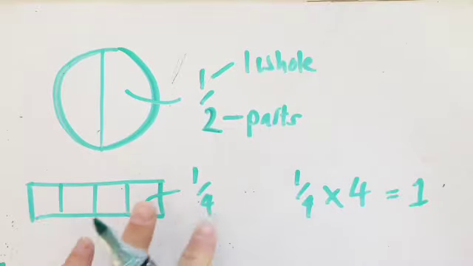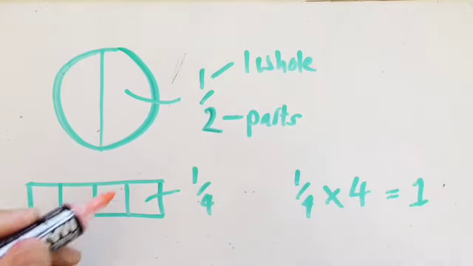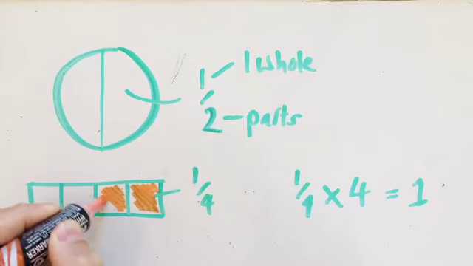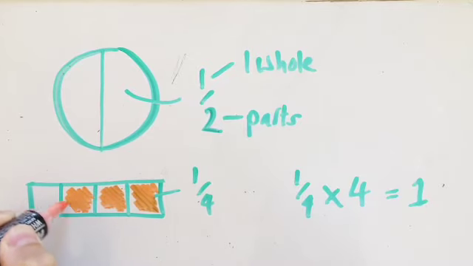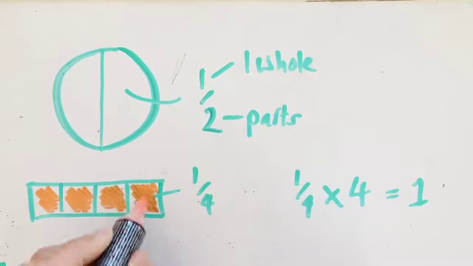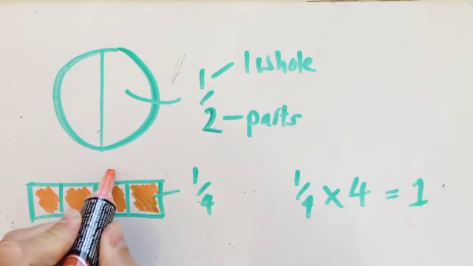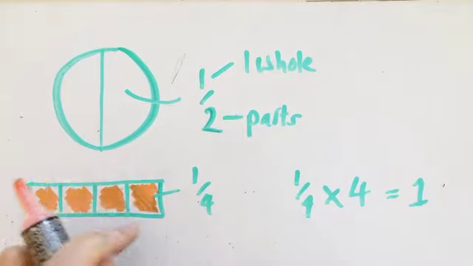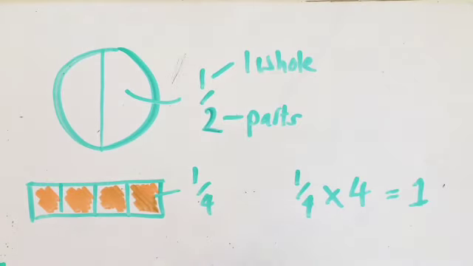So I can see here I have 1/4, another quarter, another quarter, and another quarter. So that's 1, 2, 3, 4 quarters. And when I multiply one of those by 4, I get a whole. So 1/4 times 4 equals 1.